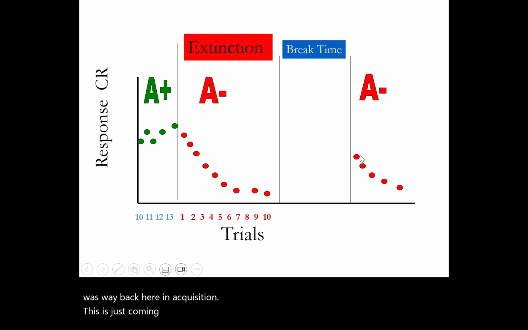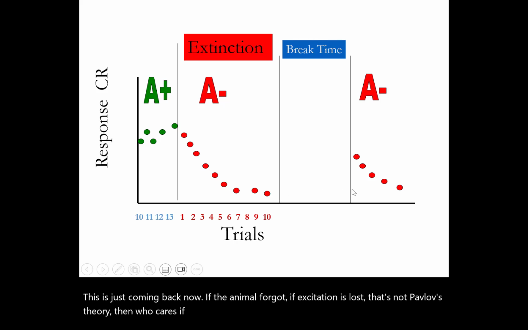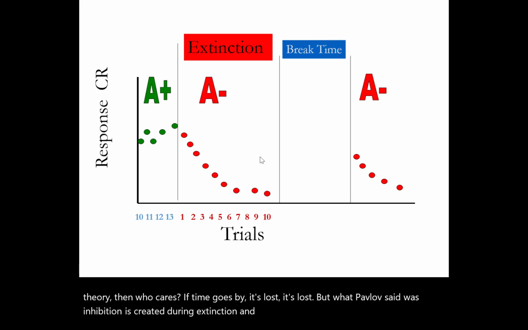Now, if the animal forgot, if excitation is lost, that's not Pavlov's theory, then who cares if time goes by? It's lost. But what Pavlov said was inhibition is created during extinction, and that inhibition competes with excitation.